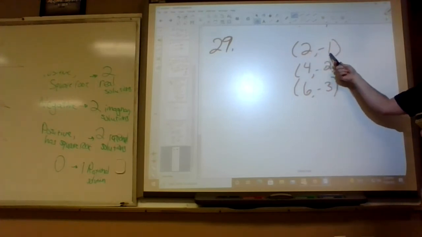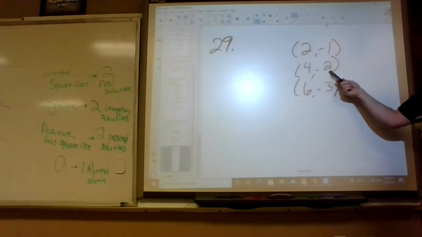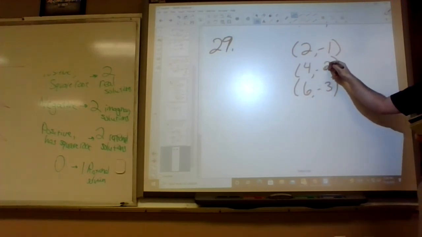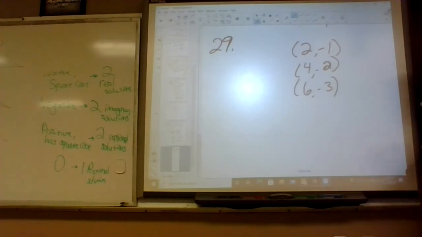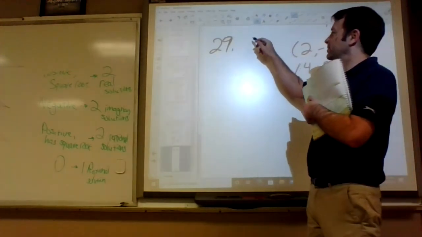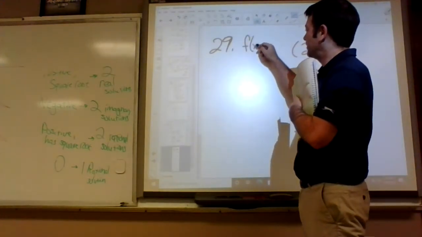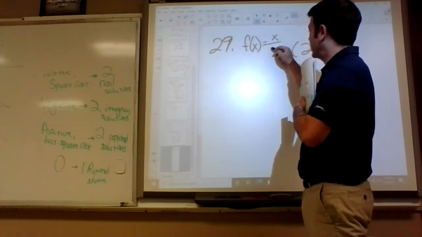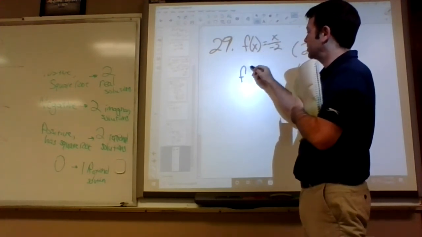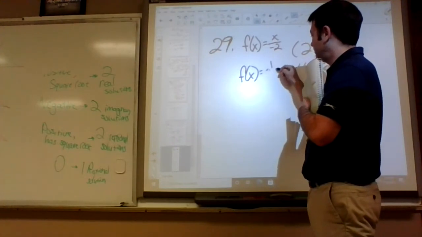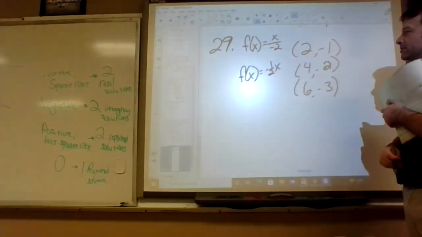Does divide by -2 work? Yeah. Okay, so it's f of x equals x divided by -2, or -1/2 x, that would be the same thing.